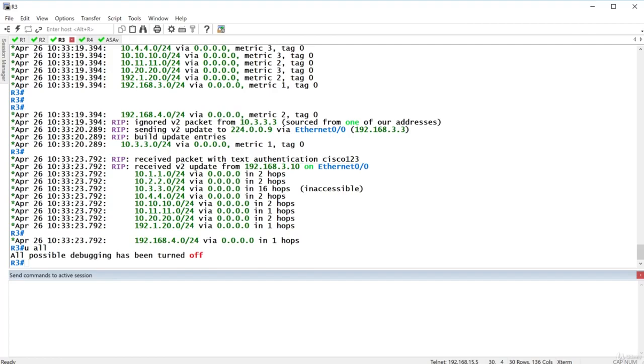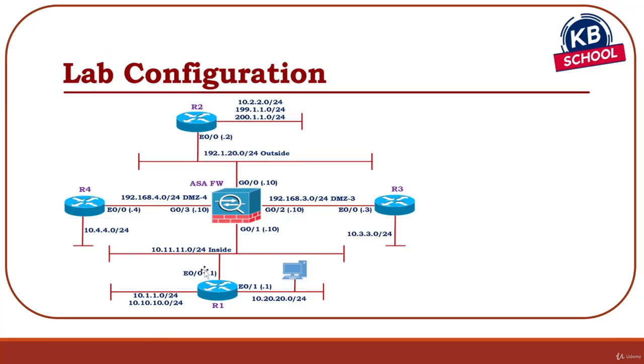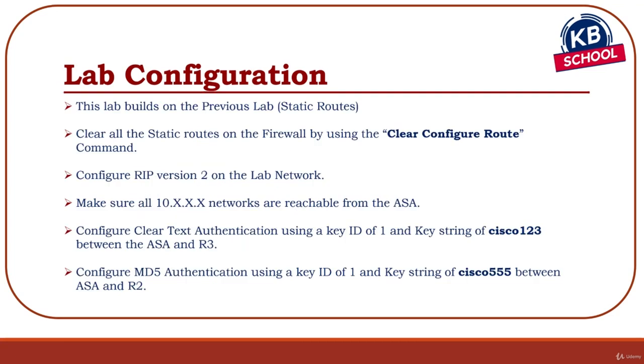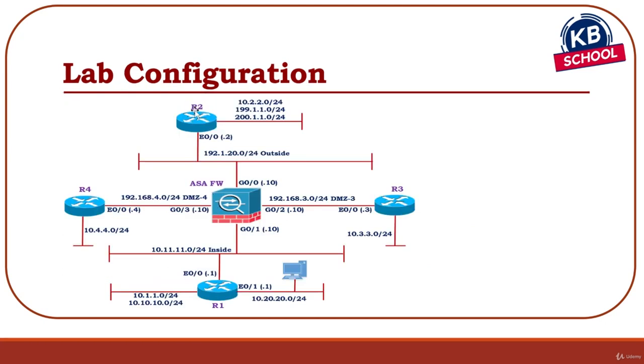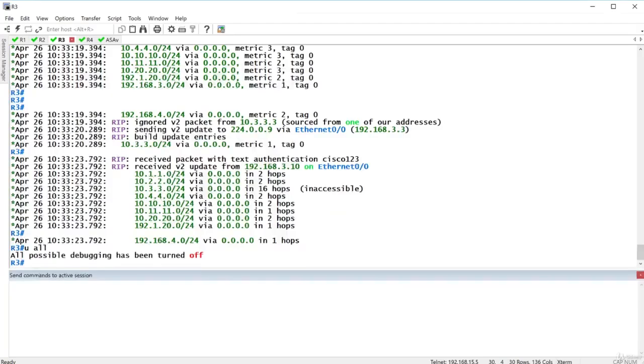Now, let's go ahead and do the last thing over here, which is configuring MD5 authentication using a key ID of 1, key string of Cisco 555 between ASA and R2. So I want to do MD5 authentication between R2 and ASA firewall, which is gig 0/0 towards R2. So how do I go about doing it? Let's start with the router.